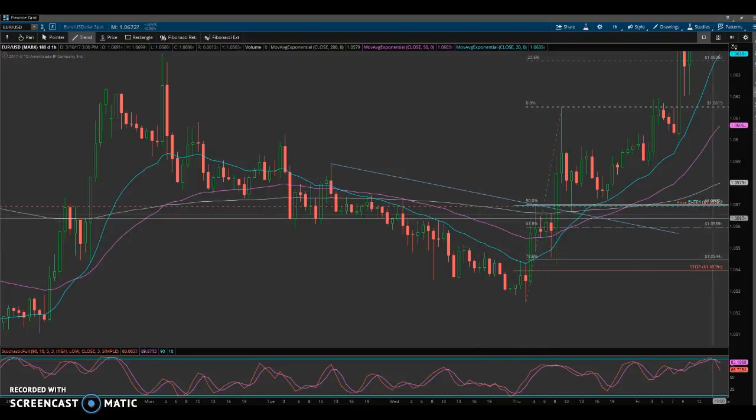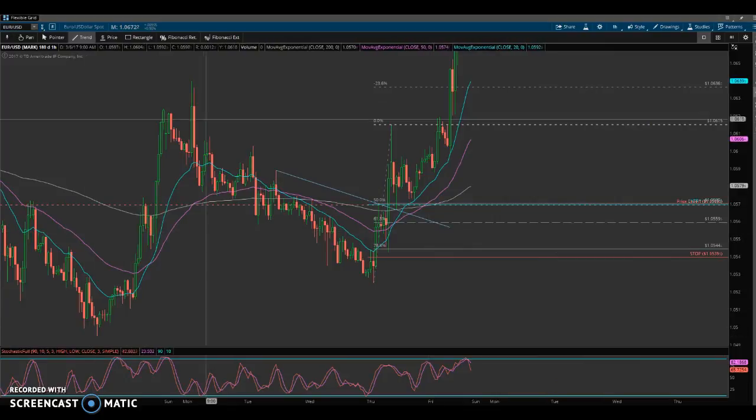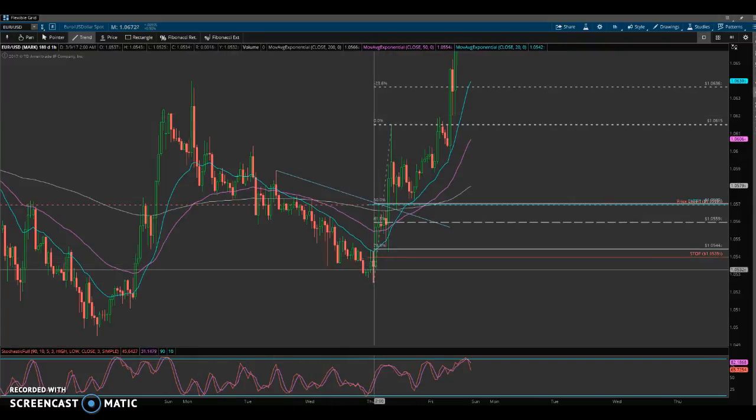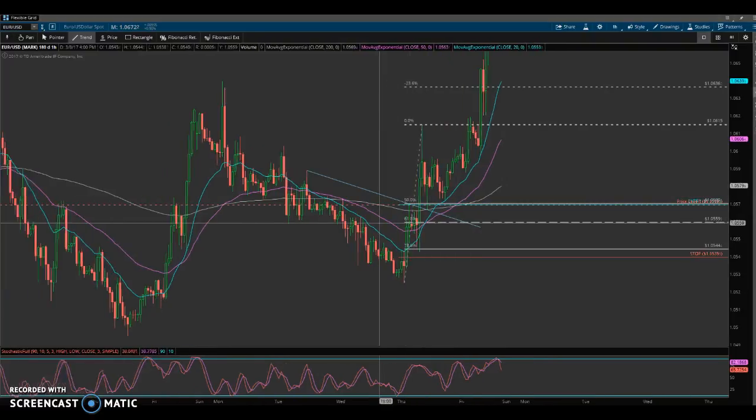So I felt, with the strong move on Friday and this kind of slow, gradual retracement, corrective structure, and then this strong impulse move out of these higher lows from the lows on Friday or the end of last week, I felt this was a good opportunity to get long.